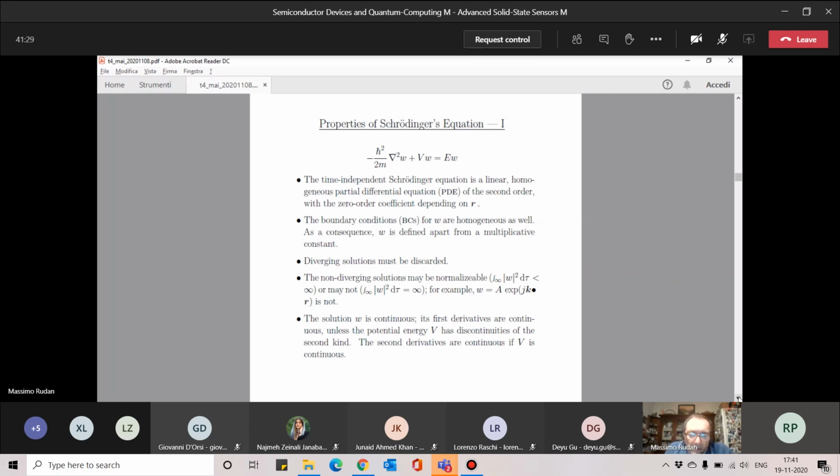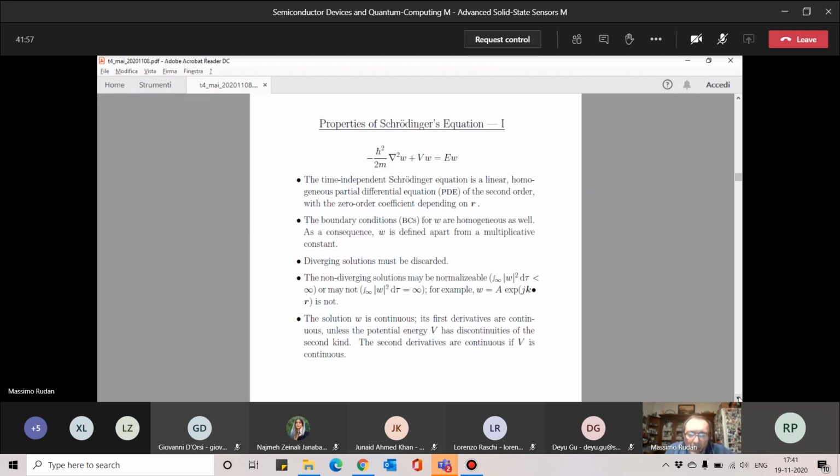So you see immediately that this equation is linear in the unknown W. And also it is homogeneous. It is an equation of the second order because the Laplacian is a linear second order differential operator.